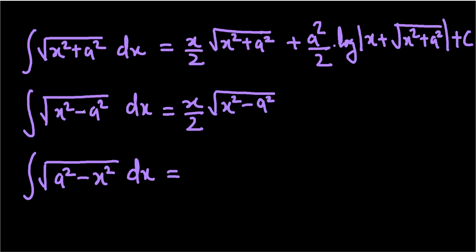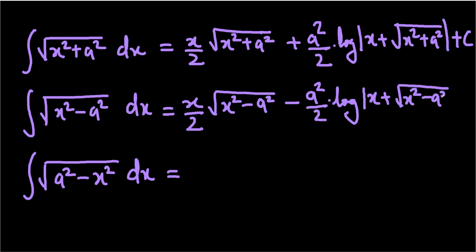Then the sign of a square is negative, so you will write minus a square by 2, and you will integrate 1 upon this, that is from the set 2 theory. So what is integration of 1 upon square root x square minus a square? It is log of mod of x plus square root of x square minus a square plus c. You will get this.